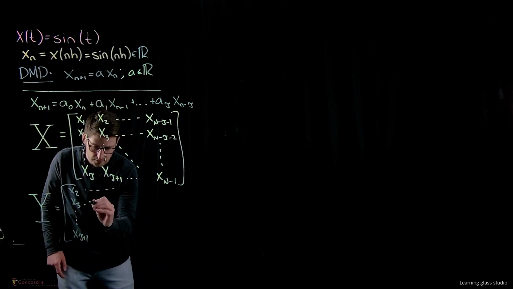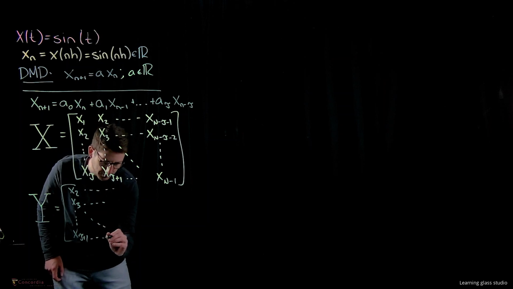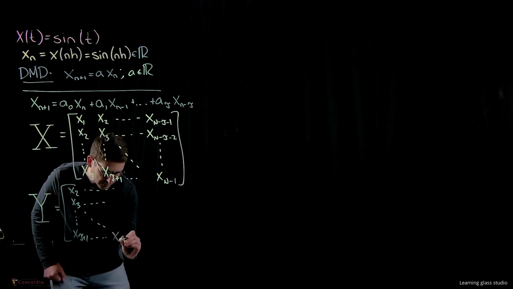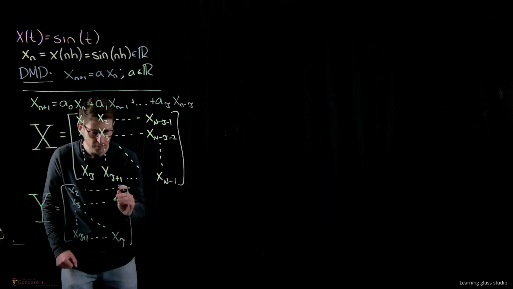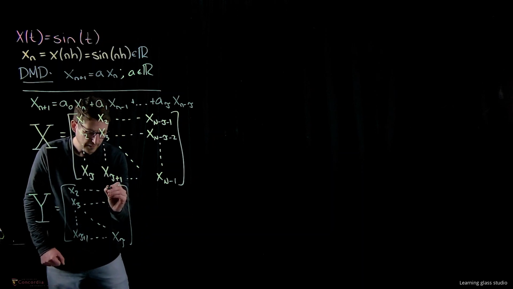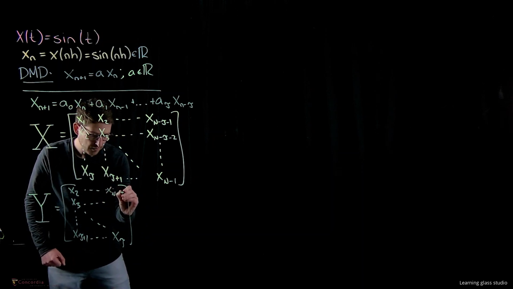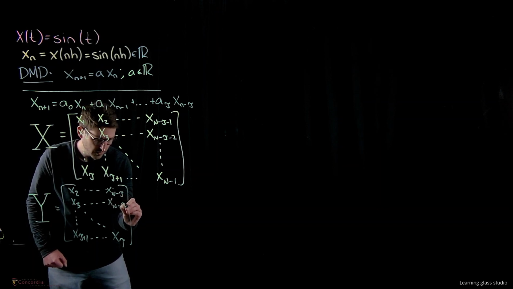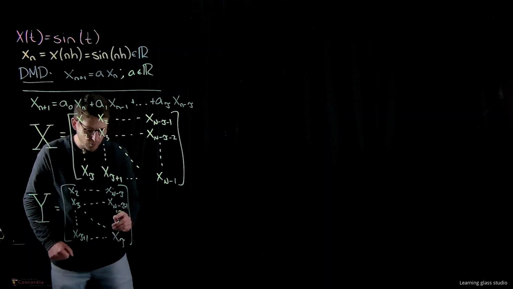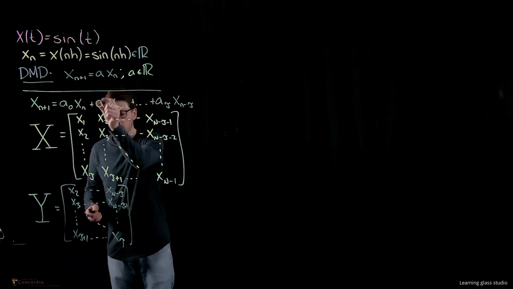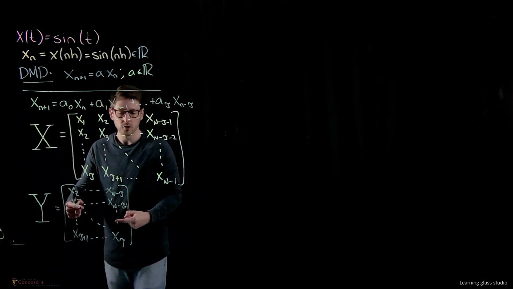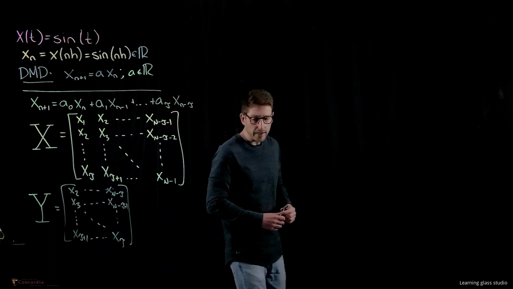And at the risk of writing a lot here and maybe boring you, here you're going to have x tau, and then you're going to have x of n minus tau, x of n minus tau plus 1, and so on and so forth, right? So that each column is pairwise mapped into each column of Y here.